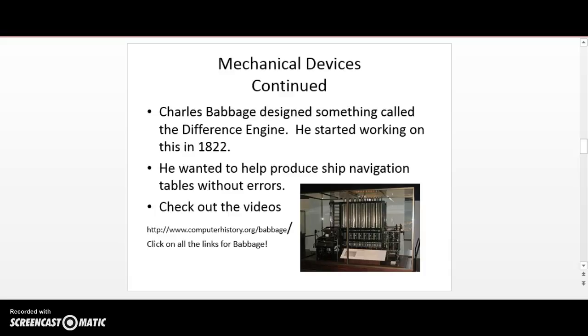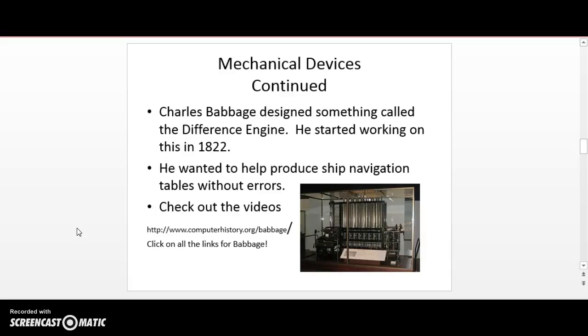And of course, I've got a link here, and that's actually a very good link. There are lots of interesting facts about this machine and Babbage and how he planned to have it work. Now, he never actually built this, but he laid out all the plans for how it would be built, and one of the computing history museums has actually built a replica of it, and that is what you see a picture of.